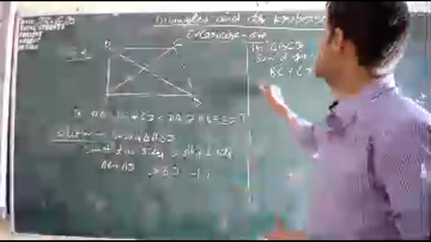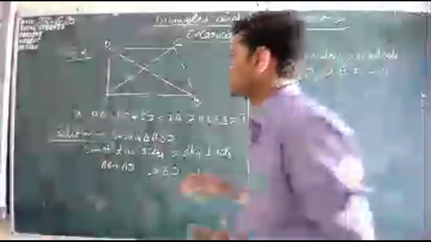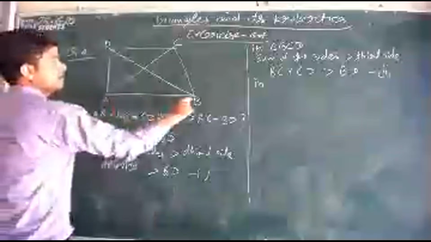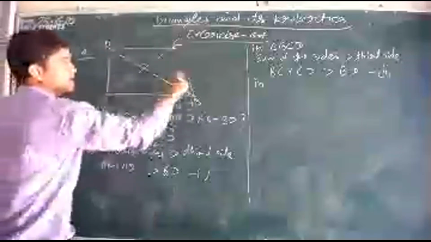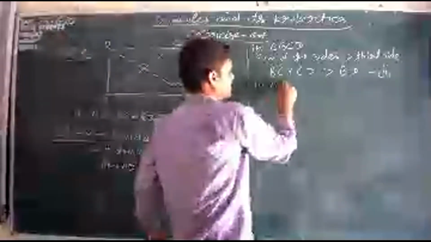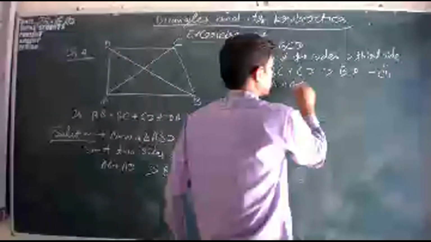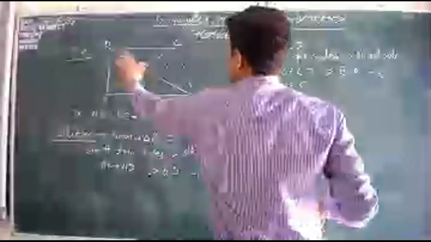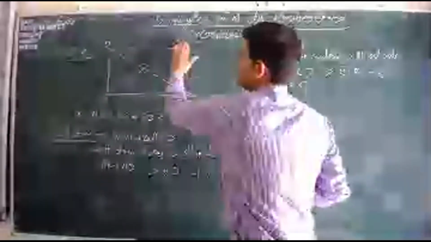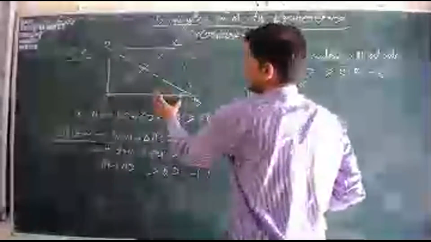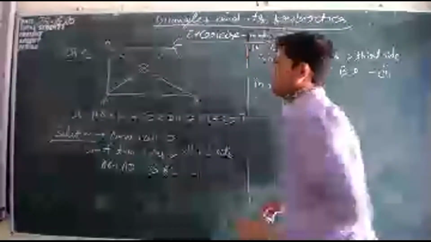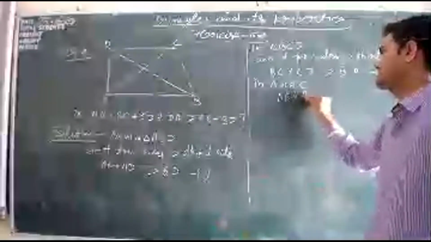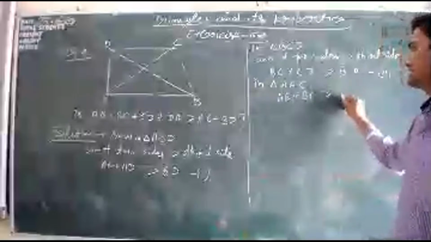Next triangle is ABC. In triangle ABC, the sum of two sides should be greater than the third side. The sum of two arms AB plus BC should be greater than AC.